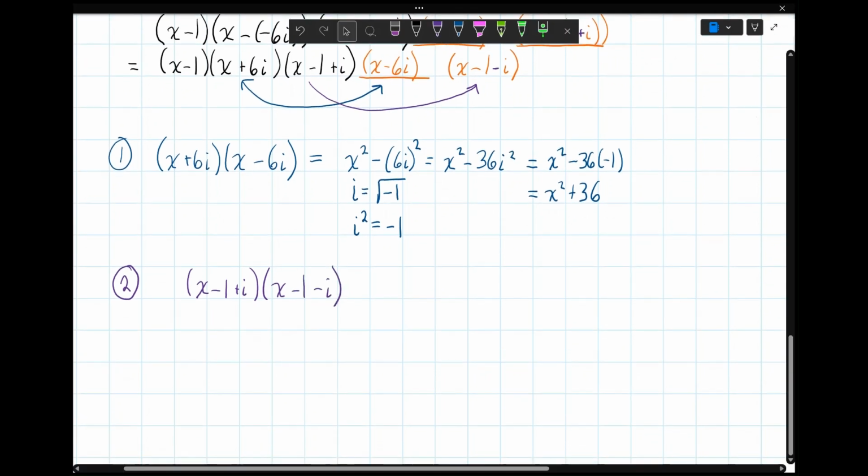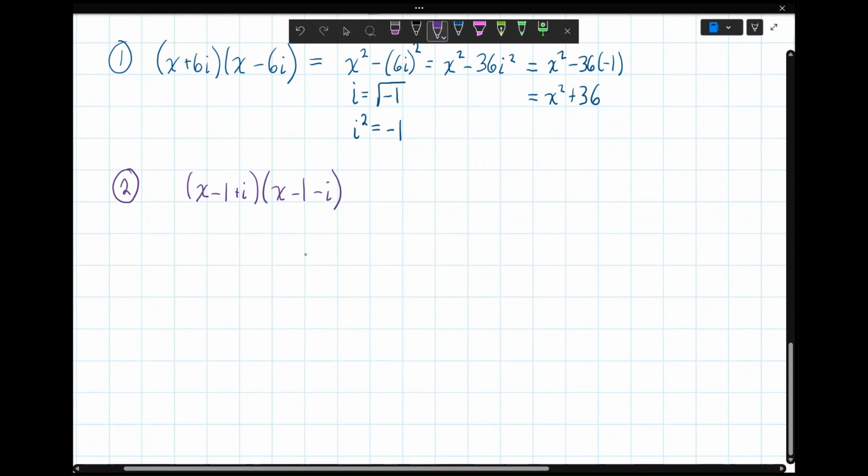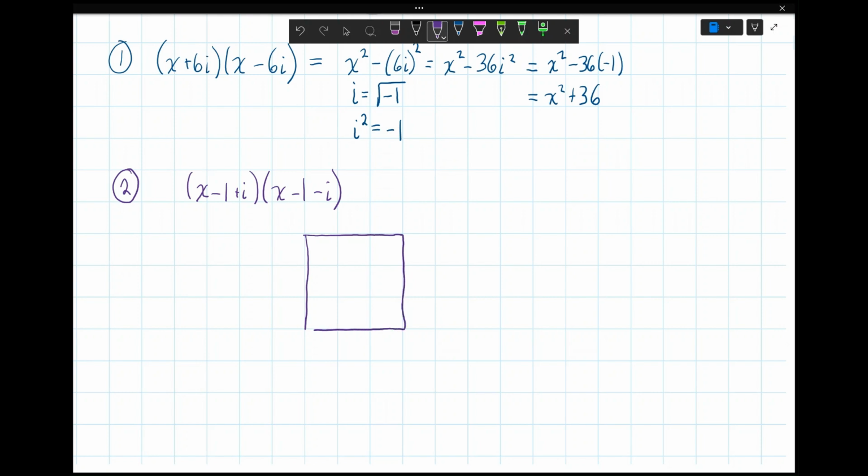Now, I like to think of these in an area model to help remind me to completely distribute my multiplication. So here I have x minus 1 plus i, x minus 1 minus i, and this x is going to get multiplied by all three of these things.